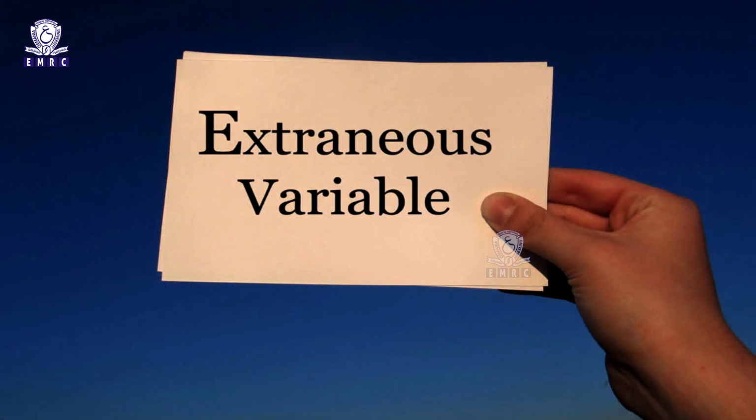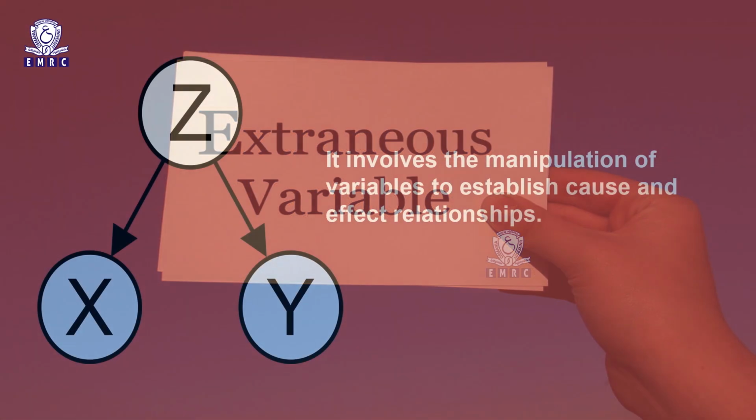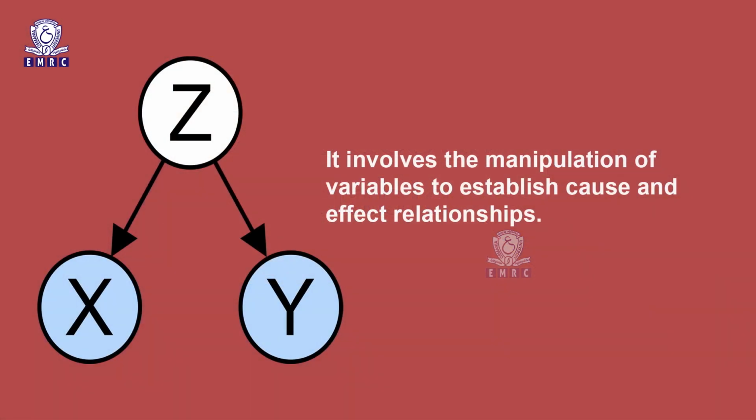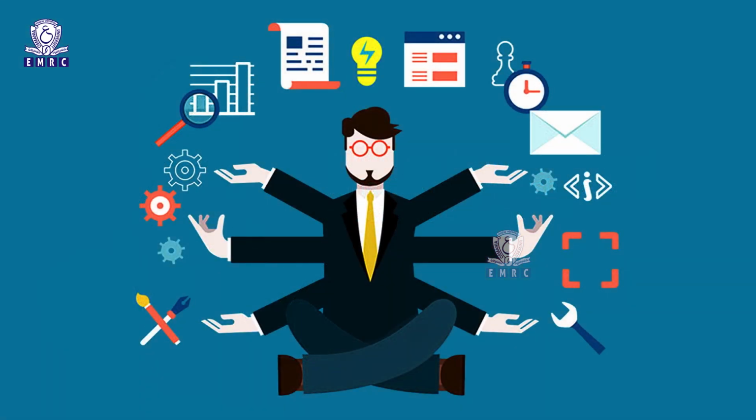Extraneous variables are carefully controlled to minimize a potential impact on the outcome of the experiment. It involves the manipulation of variables to establish cause and effect relationships. The key features are controlled methods and the random allocation of participants into control and experimental groups.